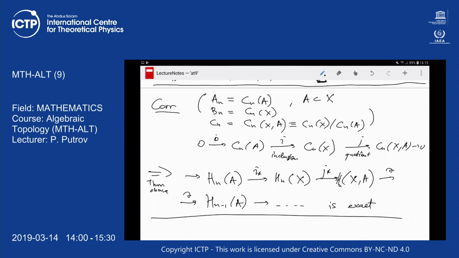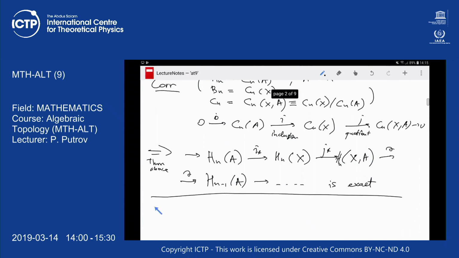The statement is that this sequence is exact. In particular, the fact that the sequence is exact is very constraining. Often, if you know the homologies of A and the homologies of X, this allows you to determine the relative homologies.